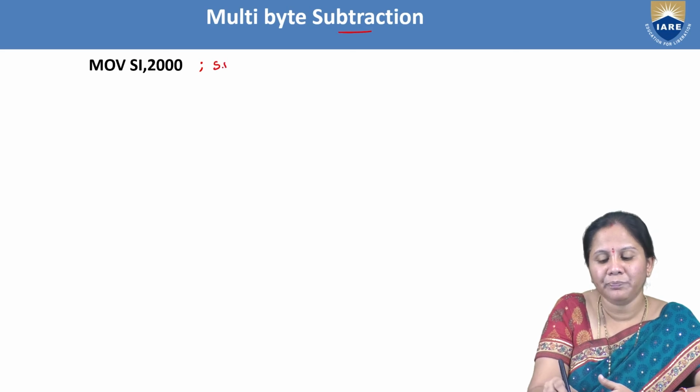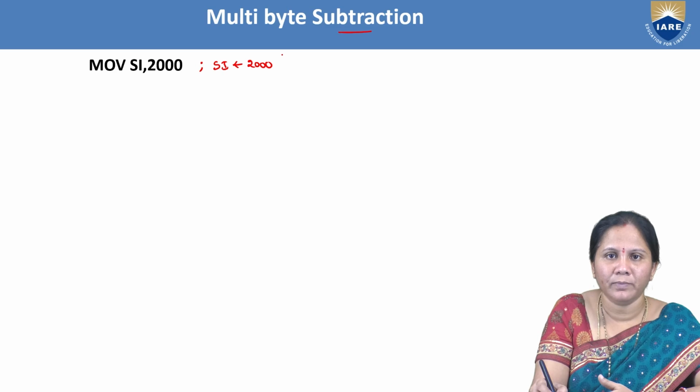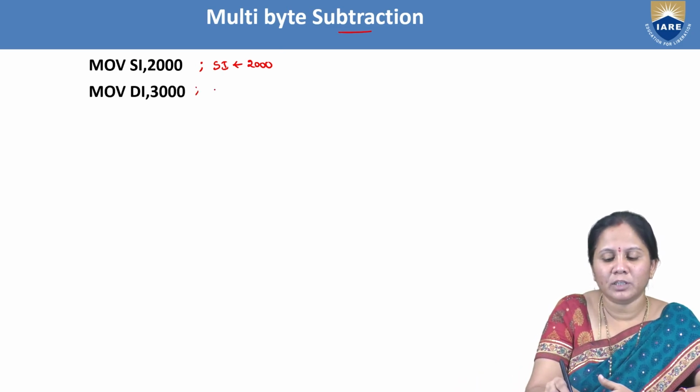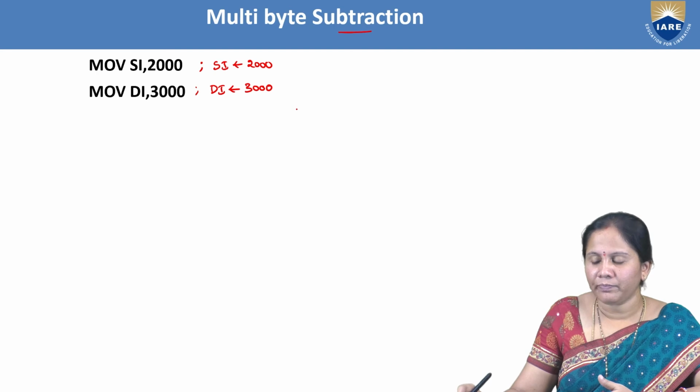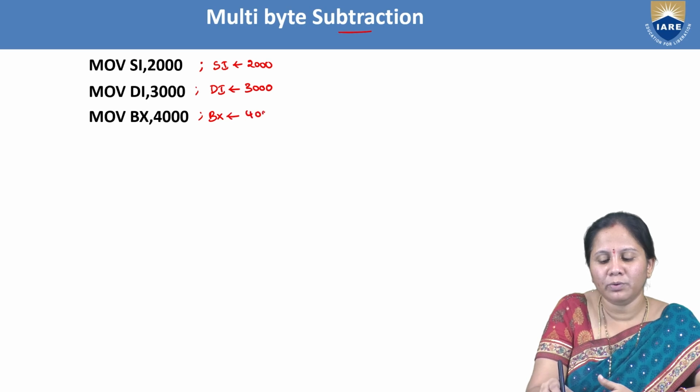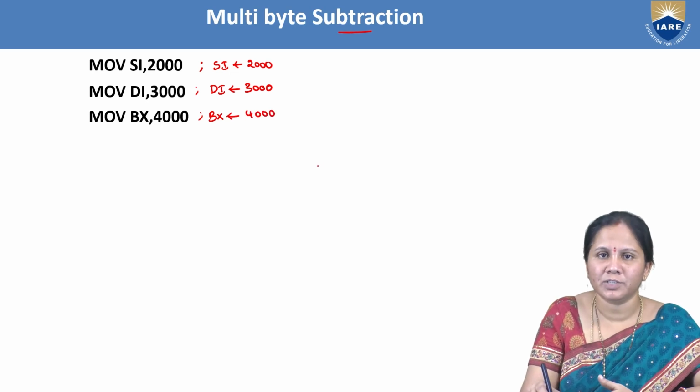That means here the value 2000 will be moved into the SI register. And the next one is MOV DI, 3000. The 3000 value will be moved into the DI register. And MOV BX, 4000. So the 4000 value will be moved into the BX register.